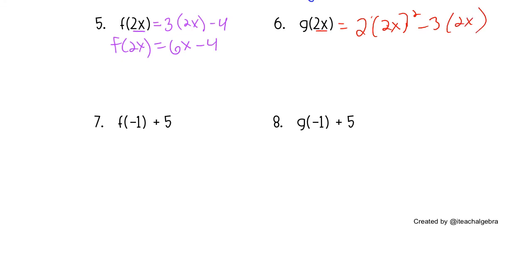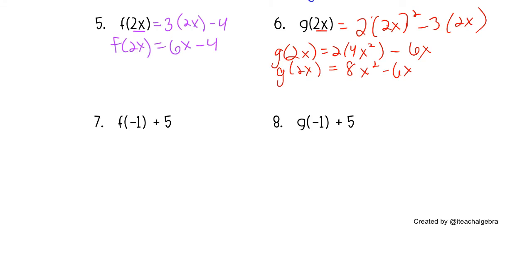Well, let's simplify. g of 2x equals 2 times 2x squared, which is 4x squared, so 2 times 4x squared is 8x squared. Minus 6x. g of 2x is 8x squared minus 6x. And that's it. As good as it gets.